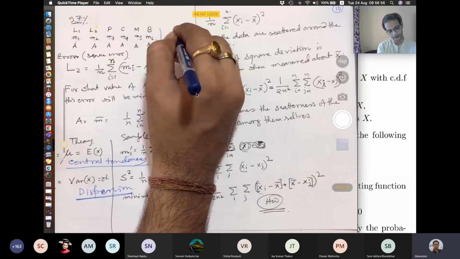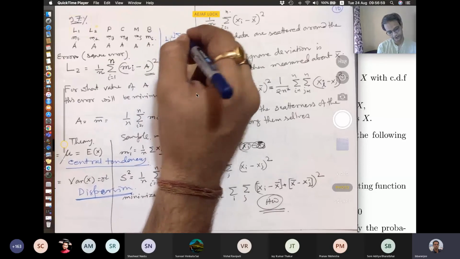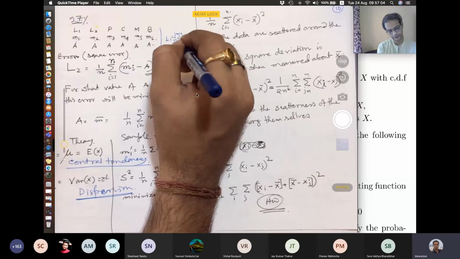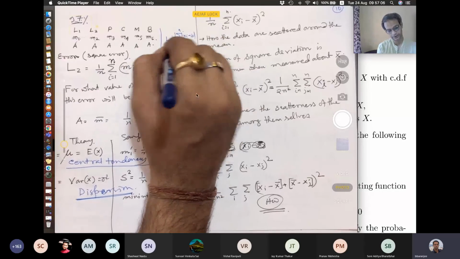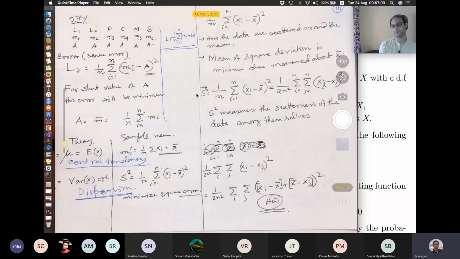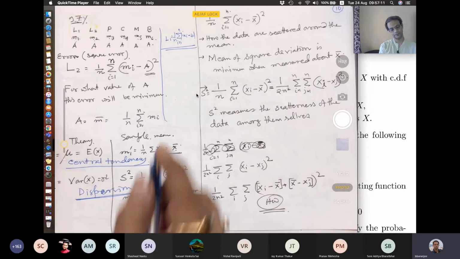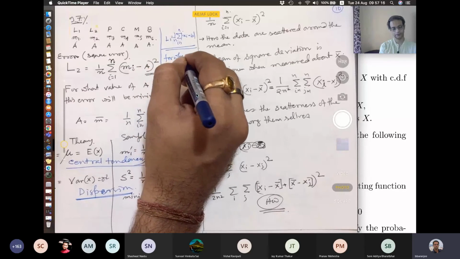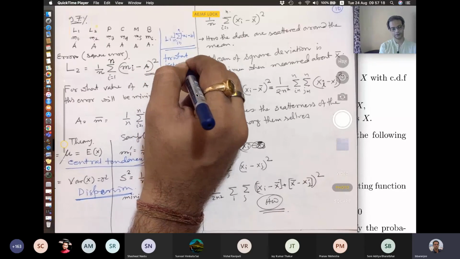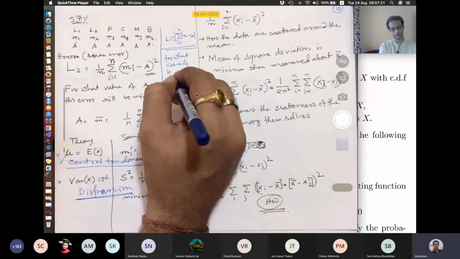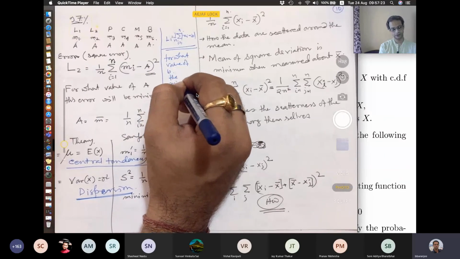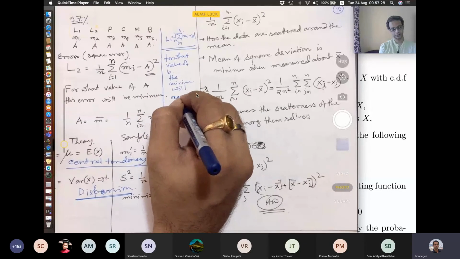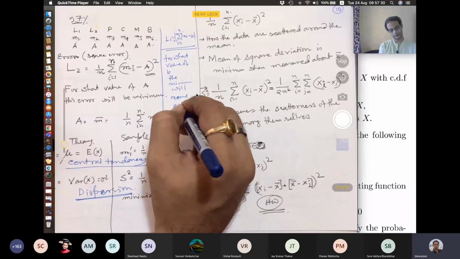If we write 1 by n sum of the absolute value of xi minus b, i running from 1 to n, for what value of b will the minimum occur? So this is another homework I am leaving.